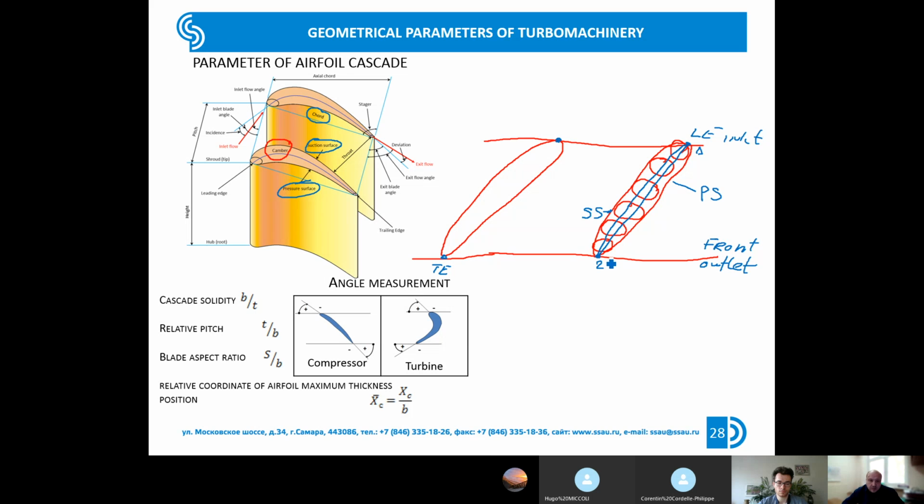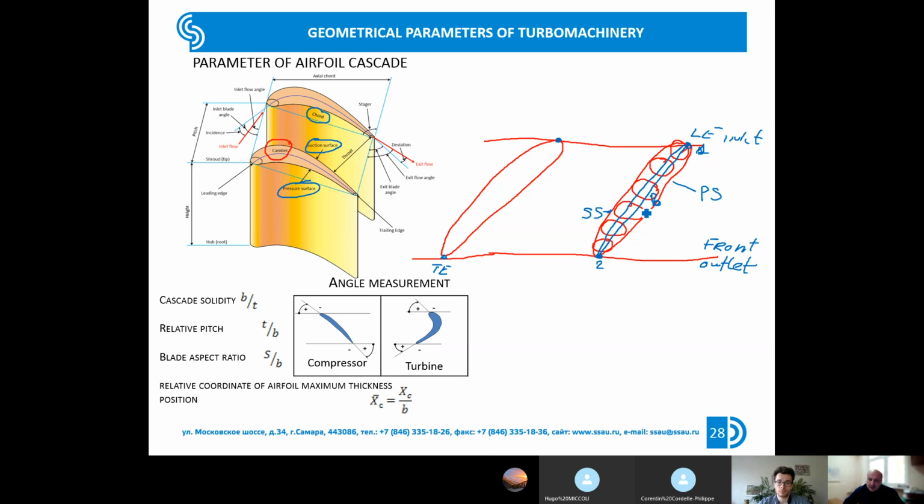So, let's return back to the chord. The distance between point 2 and point 1 is called the chord, and in the Russian turbomachinery school it is designated by the small Latin letter b. But as far as I know, in the foreign turbomachinery school another letter is used.